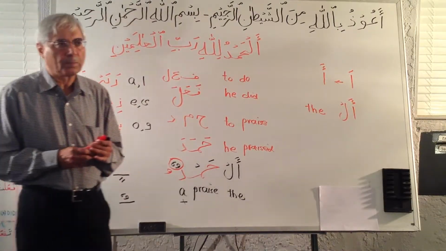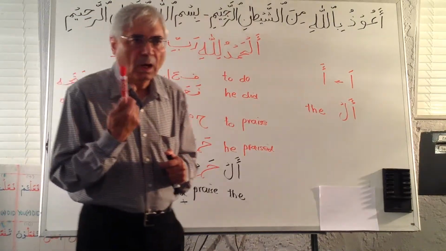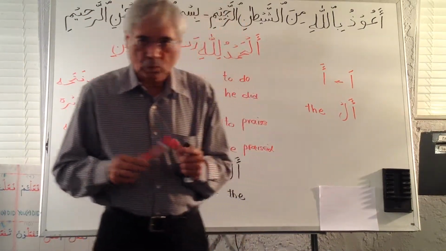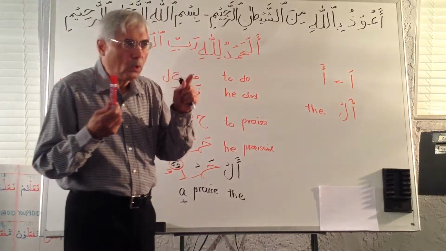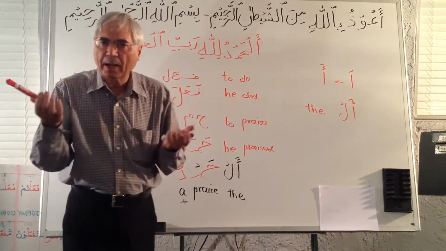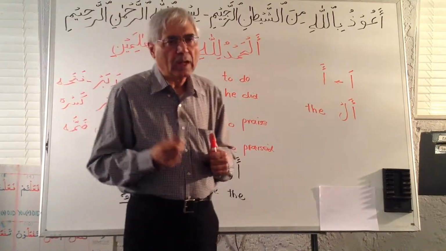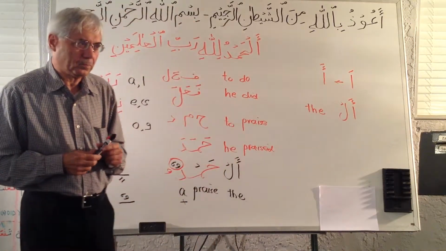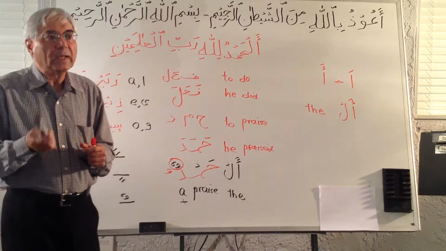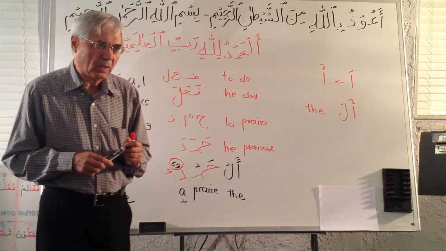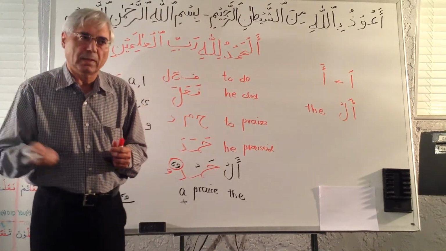For example, this is qalamun, with the dhamma sound at the end. Qalamun, a pen, this is a pen. If I put al before that, or in English I put the before that, then it will become the pen.